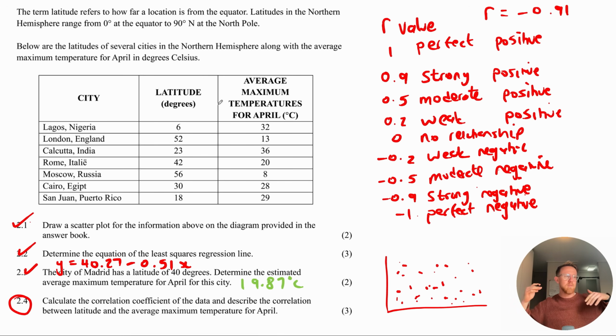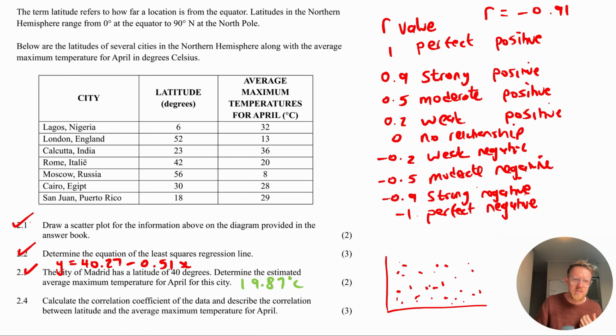You can have places that are very cold on the equator and places that are very hot at the North Pole, and then you could have some places that are really cold at the North Pole and other places that are really hot at the equator. There's no pattern, it's completely random. That is what an R value of 0 would tell us. You can just write that down if you want.